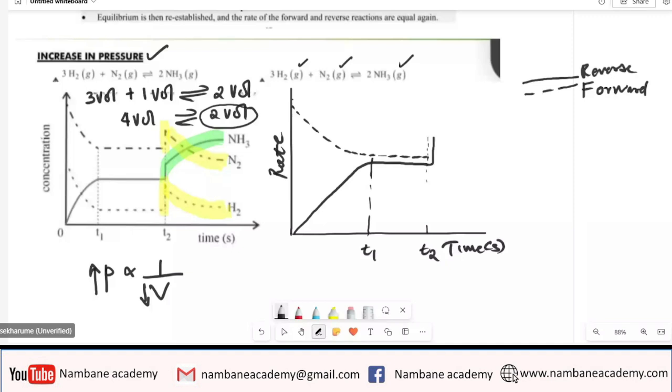So I'm going to favor the forward reaction because I'm having a fewer number of moles of gas. I'm having two volumes. So the forward direction will be favored. This will increase more, and this one will increase less.